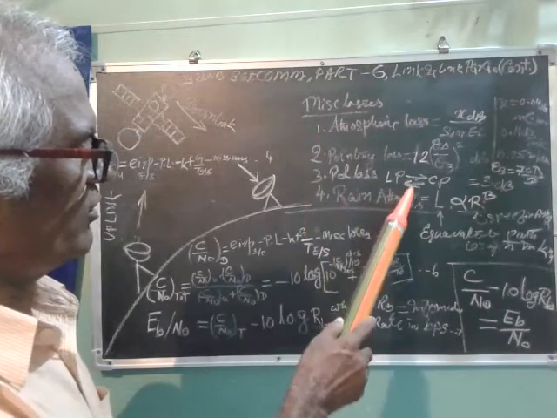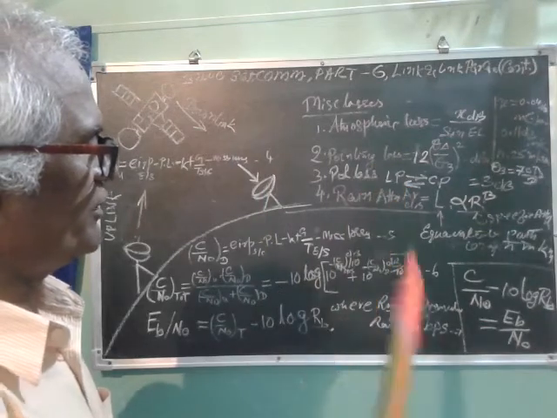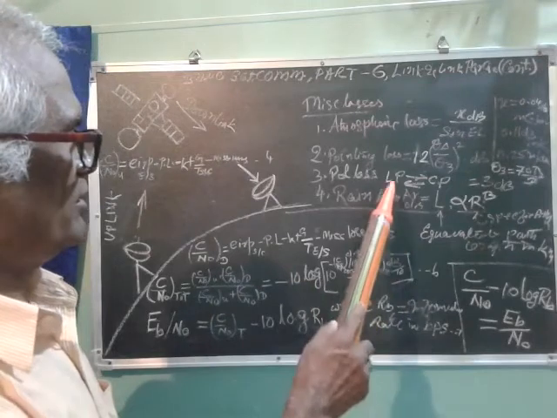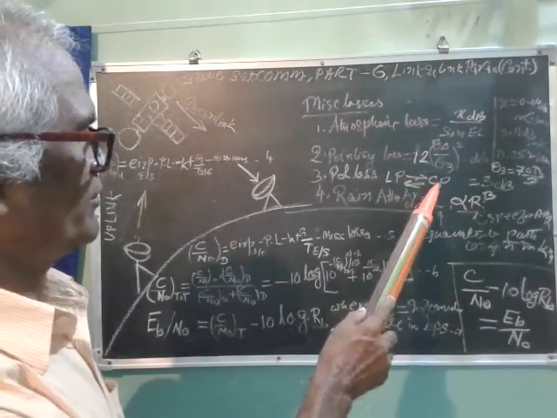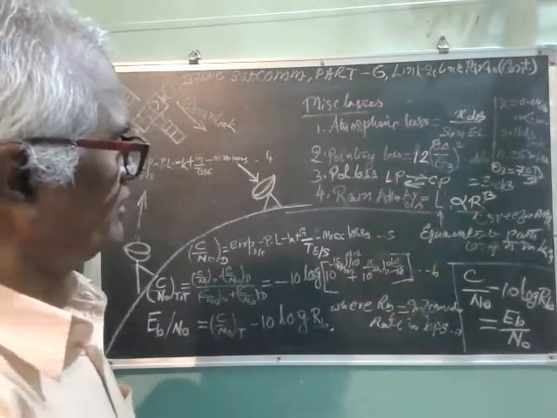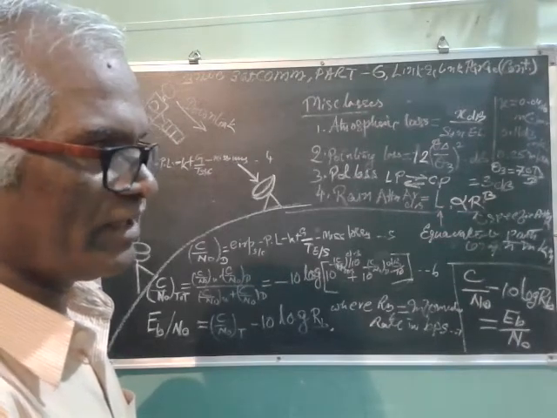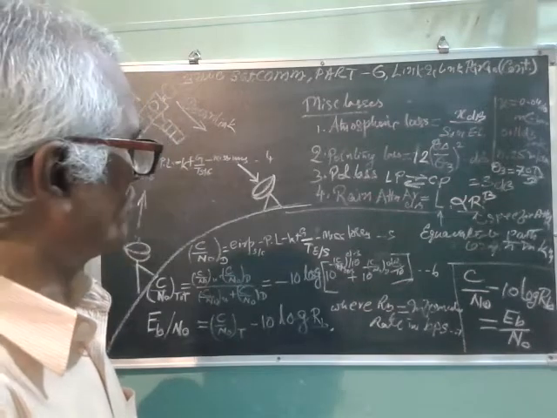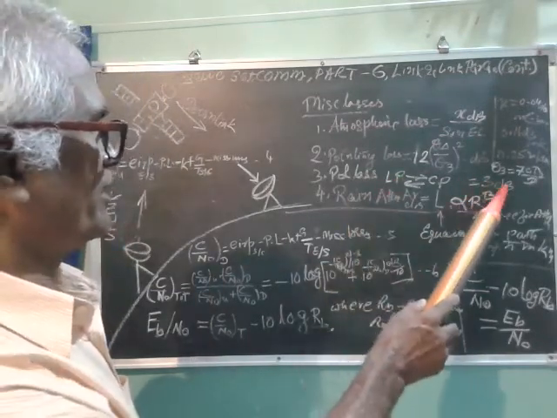Either the transmit side is CP and the receive side is LP, or vice versa. In that way, LP to CP, a 3 dB loss will be encountered. Otherwise, in circular polarization, left hand or right hand, if it is the same polarization, there will be no mismatch loss and the communication will take place. Only 3 dB will be encountered.